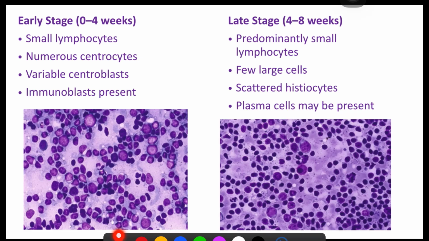In early stages, meaning 0 to 4 weeks, there are numerous centrocytes, small lymphocytes, and a variable number of centroblasts and immunoblasts. In late stage, 4 to 8 weeks, the number of small lymphocytes is predominantly increased, with few large cells, and scattered histiocytes and plasma cells may be present.